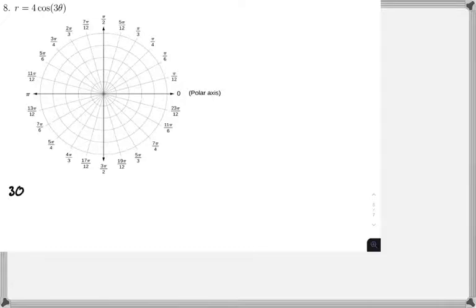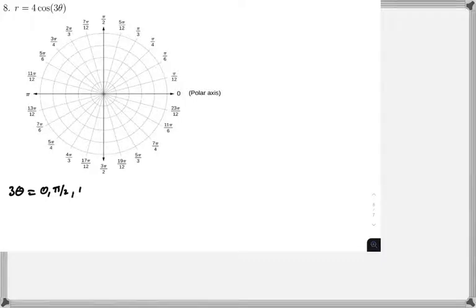Now, I want to make it easy to graph, so I want my arguments, the 3 theta, to be 0, pi over 2, pi, 3 pi over 2, and 2 pi. Those are the nice, easy values to get off of your unit circle for the cosine and the sine.